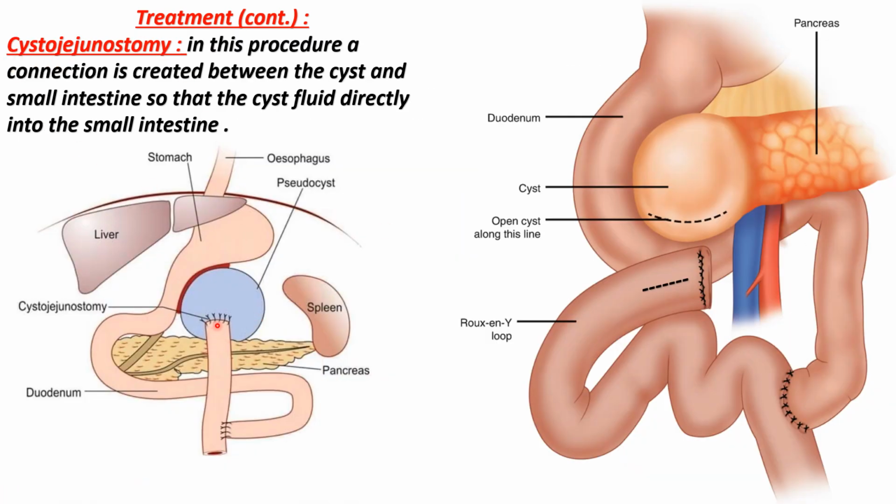Cystojejunostomy. In this procedure, a connection is created between the cyst and the small intestine, so that the cyst fluid drains directly into the small intestine.